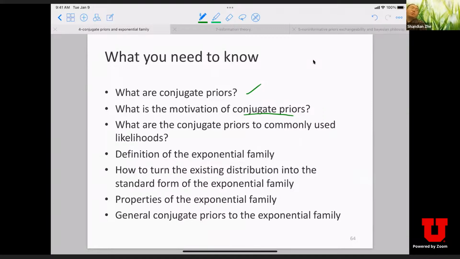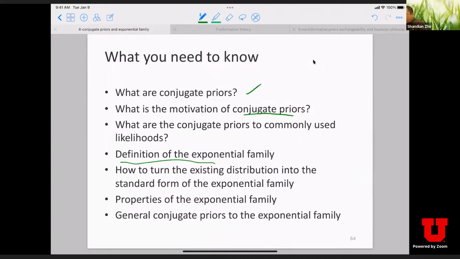For example, what is the conjugate prior for the binomial likelihood? We know it's the beta distribution. For the categorical likelihood, it is the Dirichlet distribution, right? For Gaussian, for the inverse variance, it should be gamma. For the inverse covariance matrix, it should be the Wishart distribution. Right? You should have some kind of concept of that.